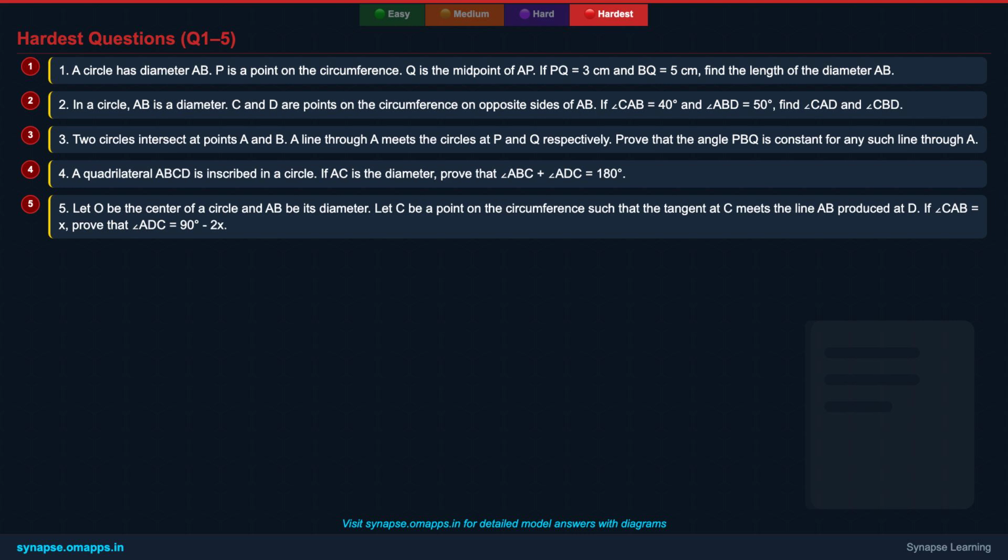Question 2 requires analyzing angles within a circle and a quadrilateral. Question 3 is a classic proof involving intersecting circles. Don't rush, draw clear diagrams and think about all the theorems you've learned. The solutions often involve a chain of logical steps, so be meticulous in your reasoning. Good luck with these brain teasers.